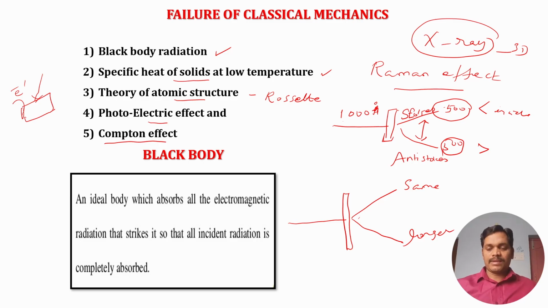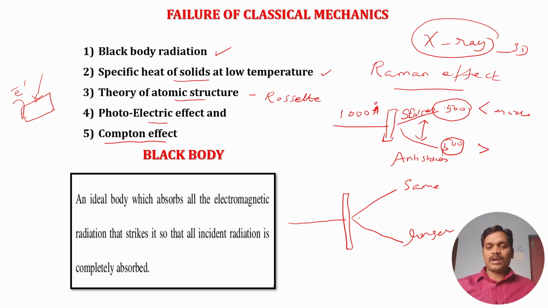But still, I can give a final conclusion. In the Raman effect, when X-ray photons or electromagnetic radiation is incident on any substance and undergoes scattering, it consists of additional components. Some components have frequency lesser than incident, some have frequency greater than incident. That is the Raman effect.